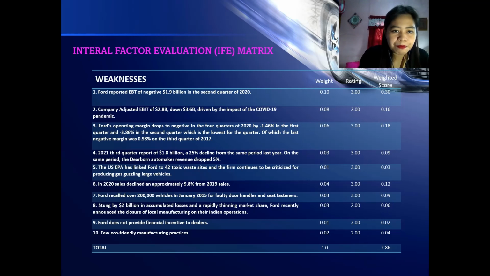Third is number 8. I watched the whole video about this. This is the latest. Ford was stung with $2 billion in accumulated losses recently in their Indian operations. So they had to close their manufacturing plant in India.